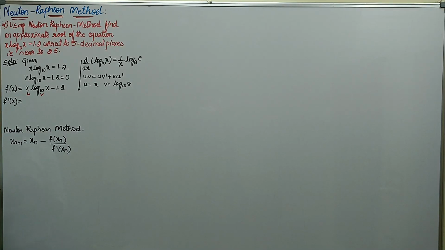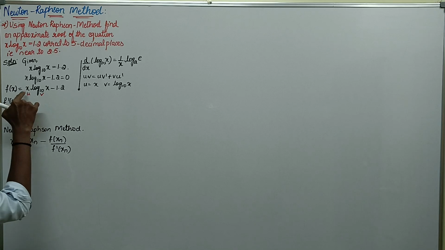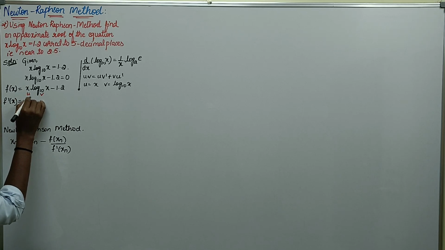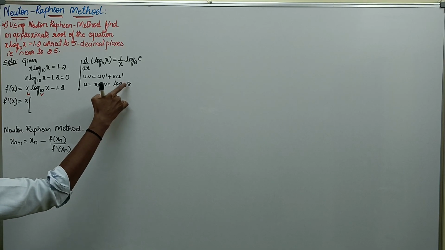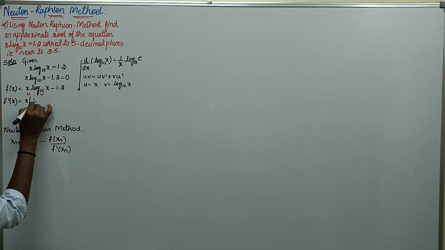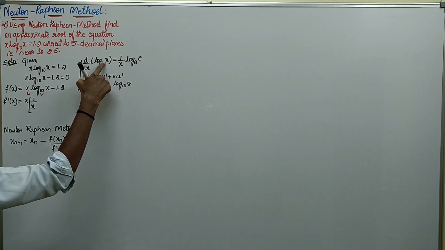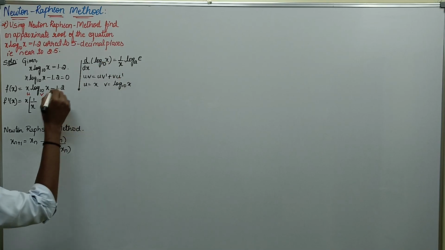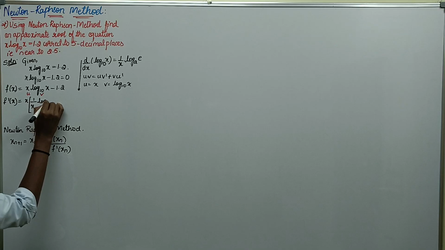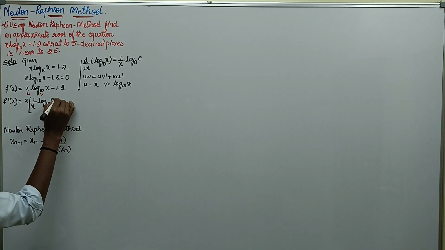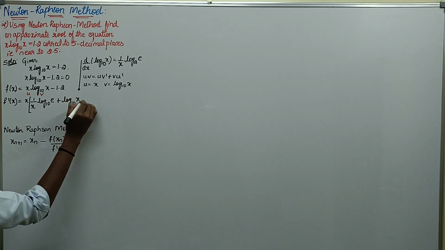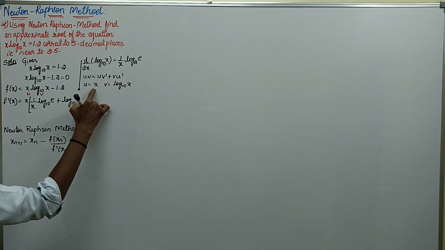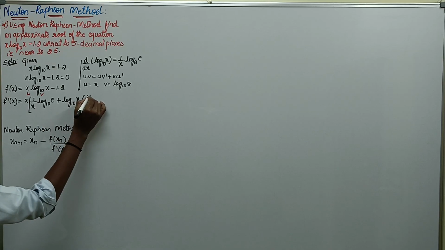Okay, done. Now let us apply the UV rule. What is u? x into v dash. We need to simplify: what is the derivative of log base 10 x? I can represent it as 1 by x, and in place of a we have log base 10 e, plus v, which is log base 10 x, into u dash, the differentiation of u, which is x, that is 1.